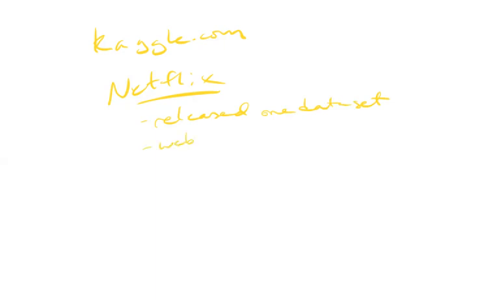Then they posted a website that used another data set, for checking. So if you're trying to win the Netflix contest, you work on the data set that was released.